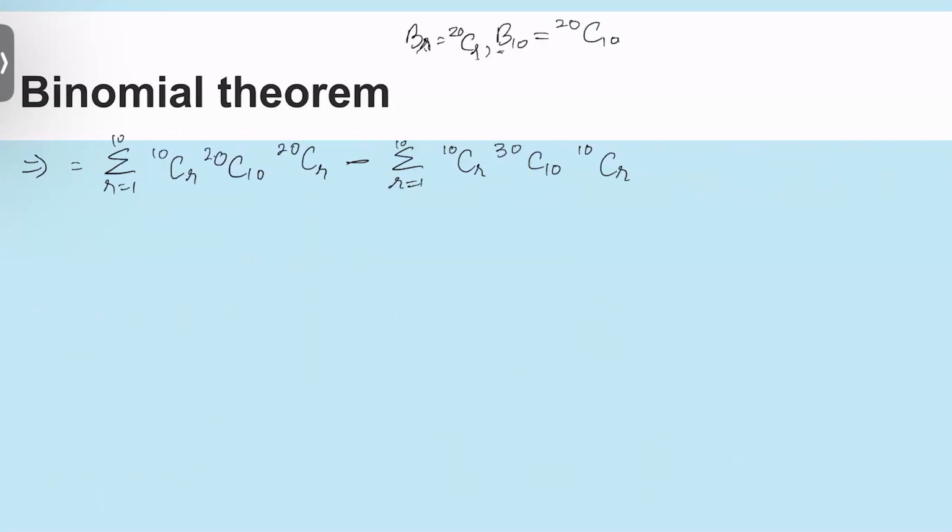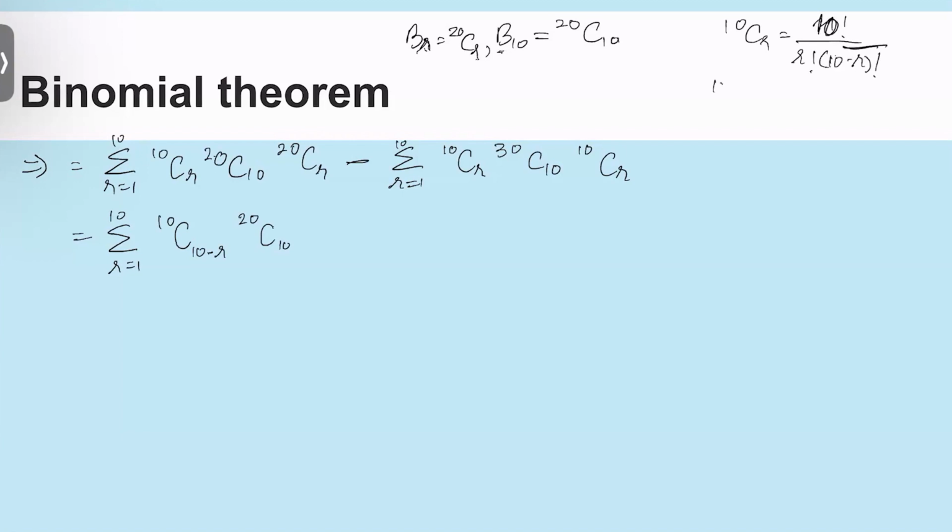Okay. Now what we will do is, now this will become over 10. So you can write this as 10 minus r. Then you can have 20. How do we get this? If you write 10Cr, that will be n factorial upon r factorial, 10 minus r factorial.